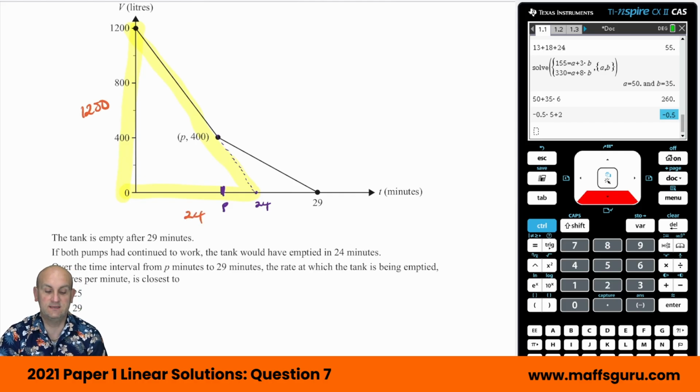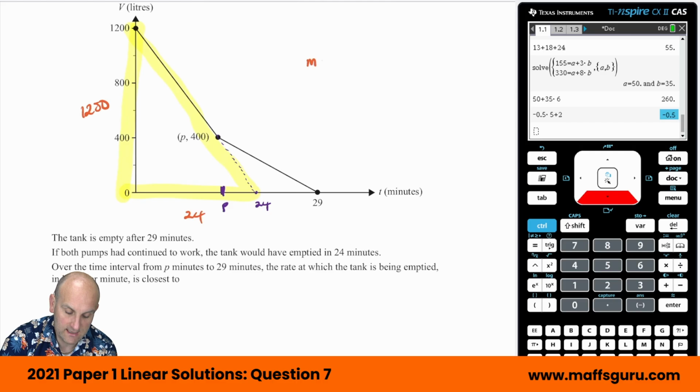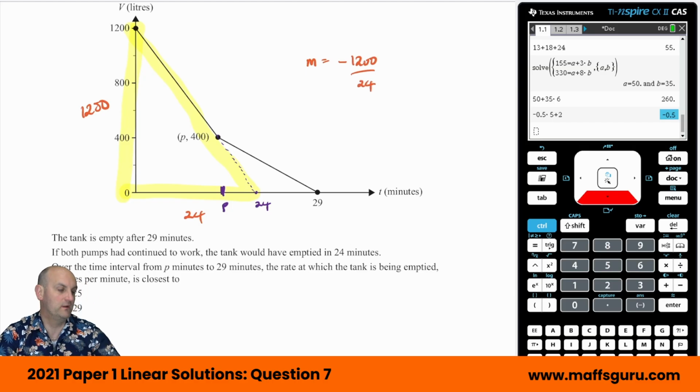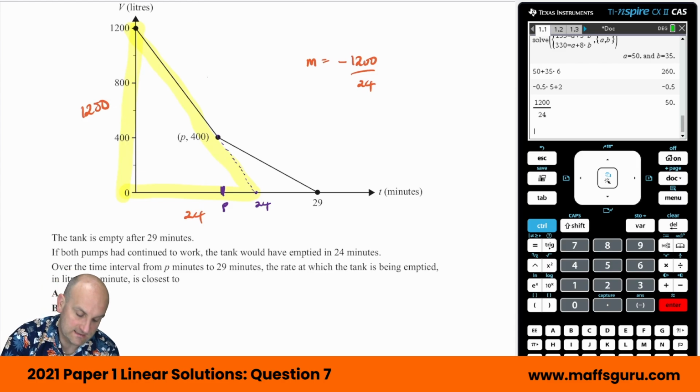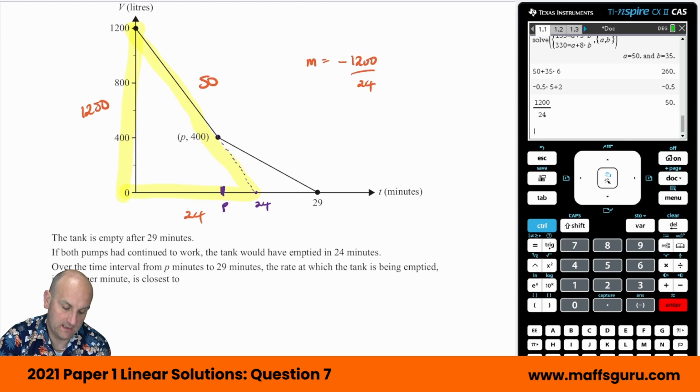Now, again, this is going to be negative. So my gradient there is going to be equal to minus 1200 on 24. When I do 1200 divided by 24, I get 50. So that's being emptied at 50 litres per minute, right? So litres per minute. How is that useful to me?